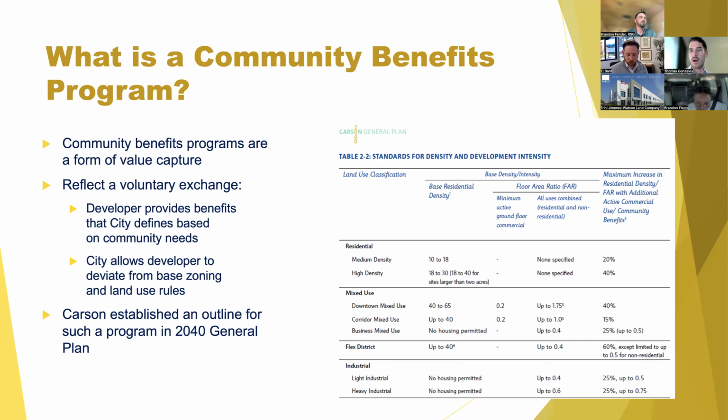Those each have potential for participating in a community benefits program. There's a few other zones that won't be part of the program. They weren't included in the general plan, but we'll be working from this list to determine what might work for the city of Carson.